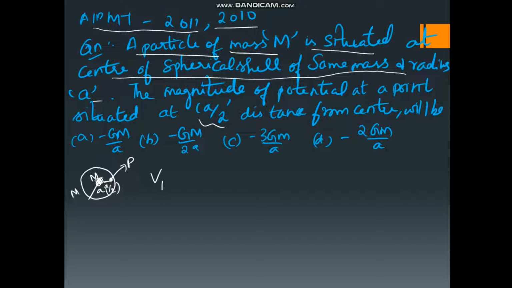So the potential at point P is equal to the potential due to the spherical shell plus the potential due to the mass at the center.